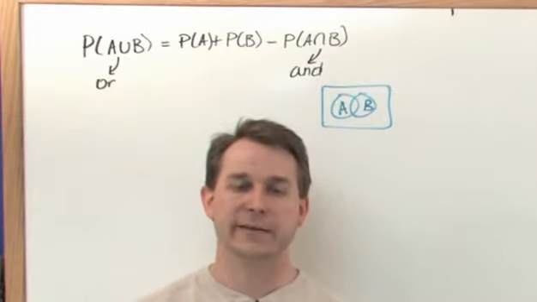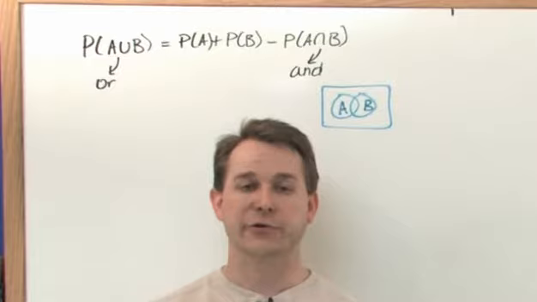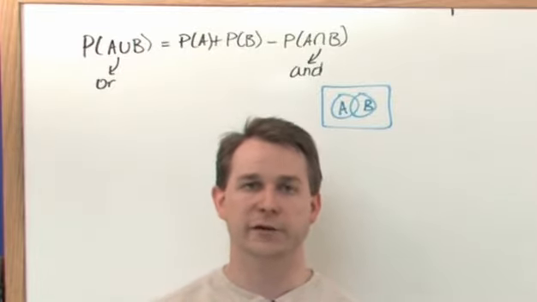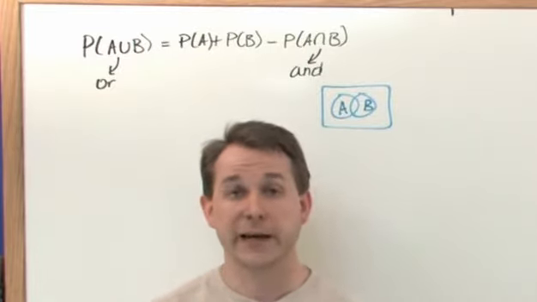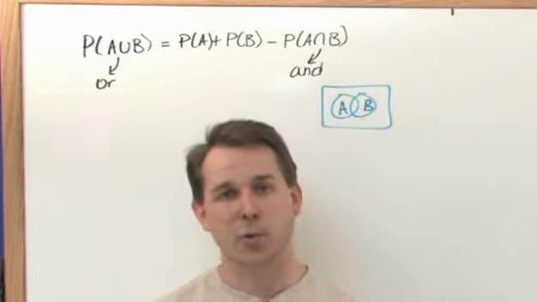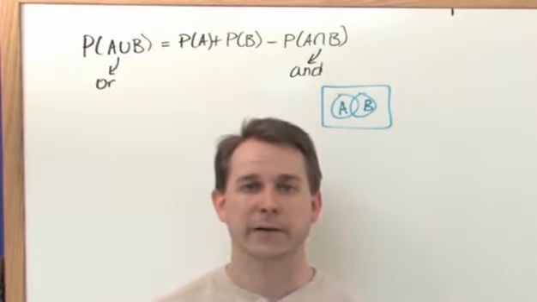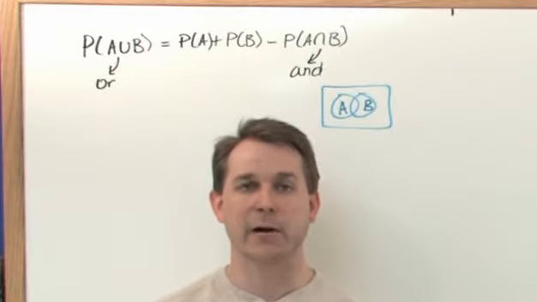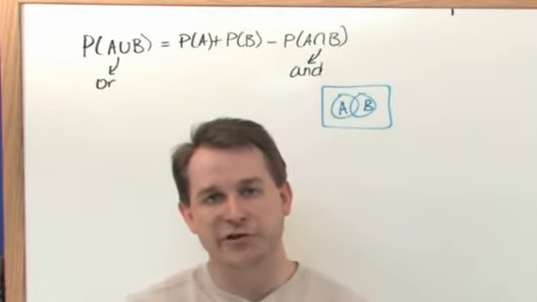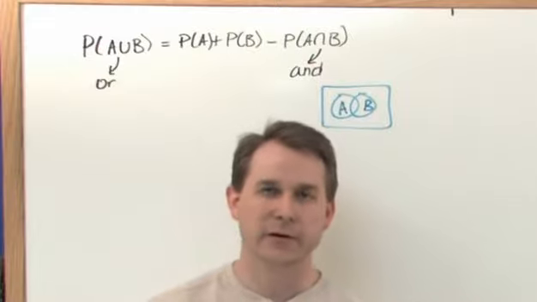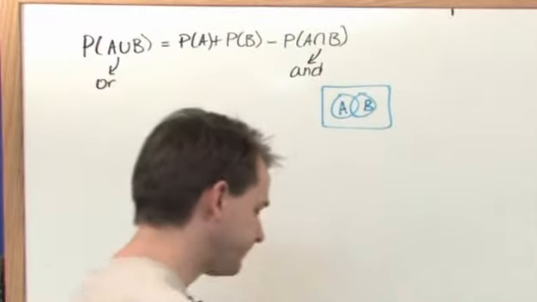Like pulling out of a deck of cards, you pull an ace or you pull a king. If I'm looking at A or B, the total probability should be higher than either one of the events, because now I'm looking at either or. So I'm adding them together to make the probability higher.